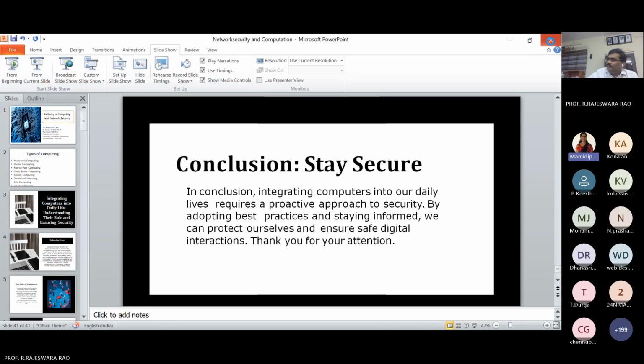Similarly, ESP Node MCU, which uses ESP8266, and Raspberry Pi. All these are advanced devices which connect the physical devices to the cloud and internet to form a real-time application, or we can design real-time applications by using all these devices.